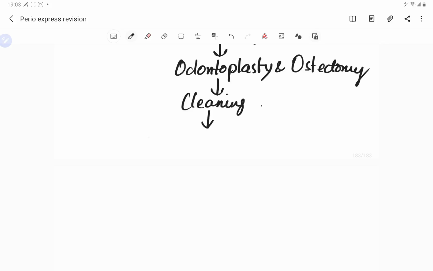Then we do the localized flap procedure. Now this is usually helpful for the class 2 cases.